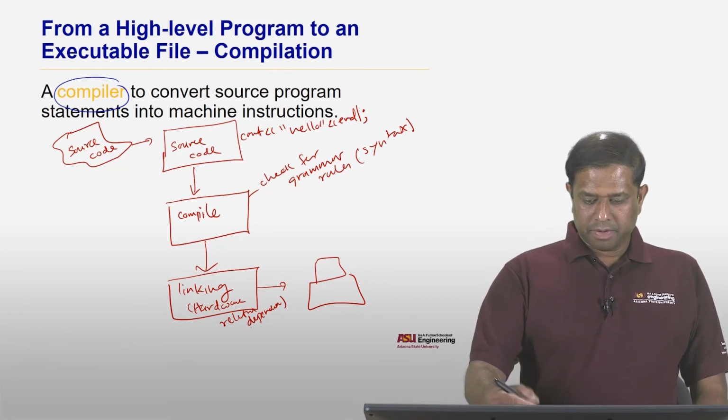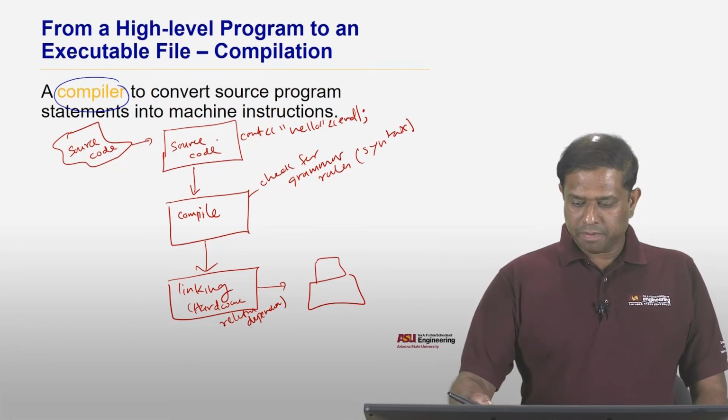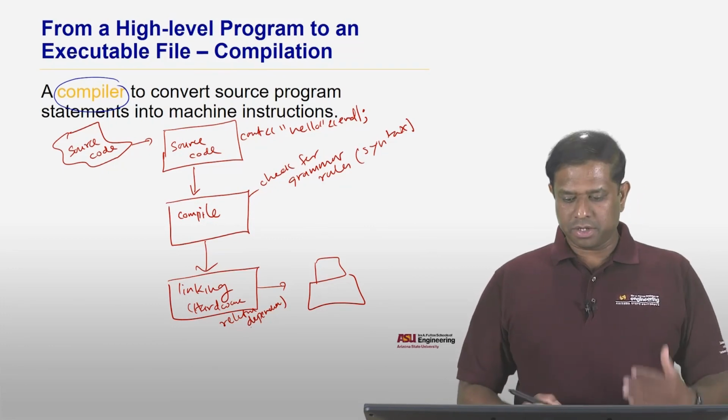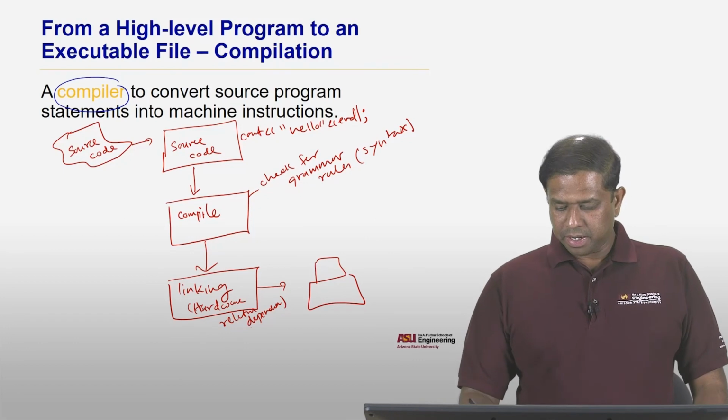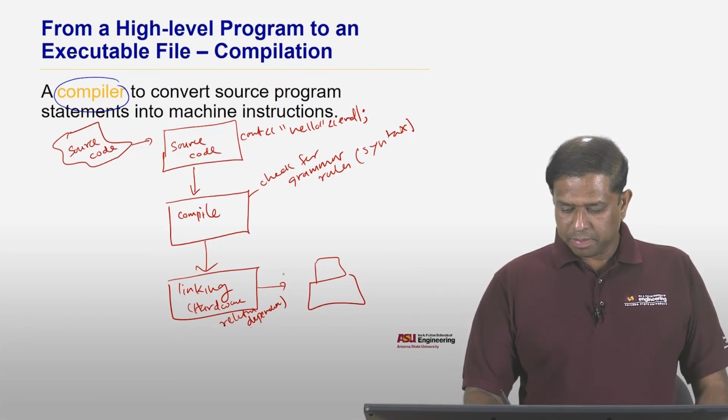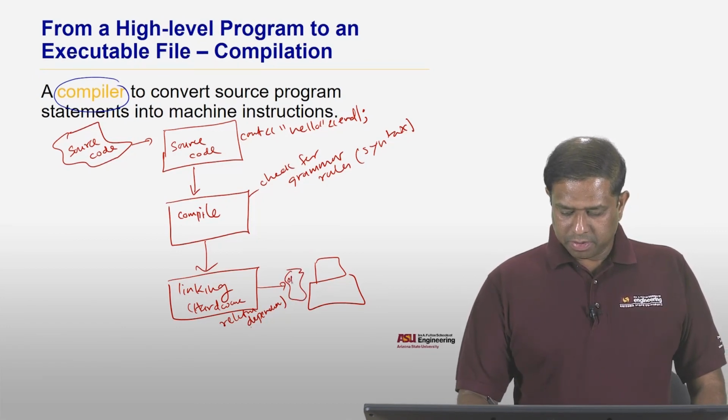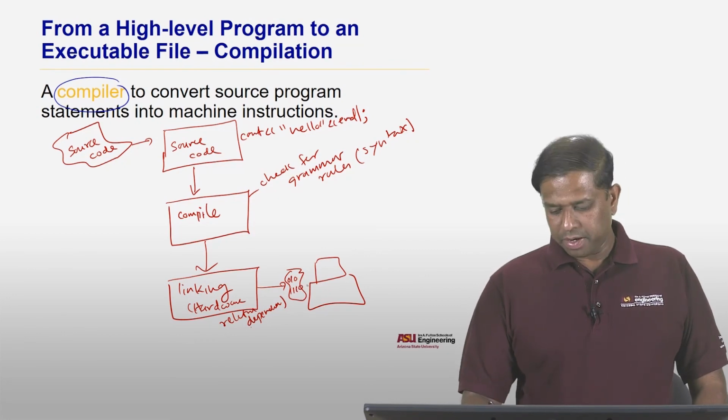All right, so we take the source code, compile it, and figure out whether it has syntax errors or not. If it does not have any syntax error, then we link it and create the executable code. That will produce something like this in 0 1 0 0 or 1 format, and that can be executed on the computer hardware.